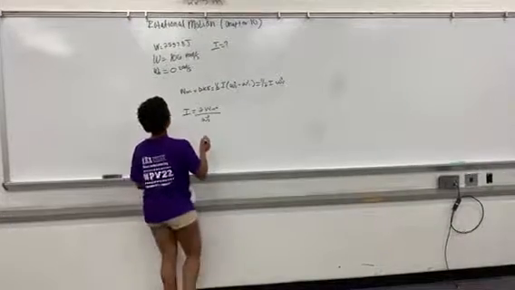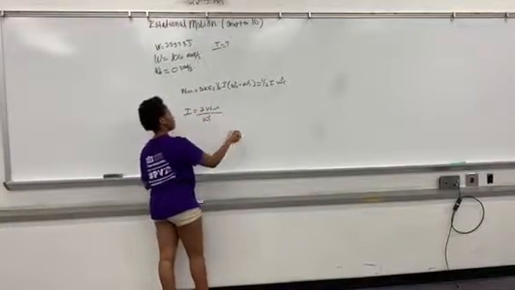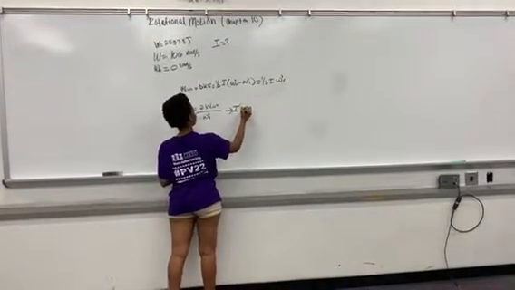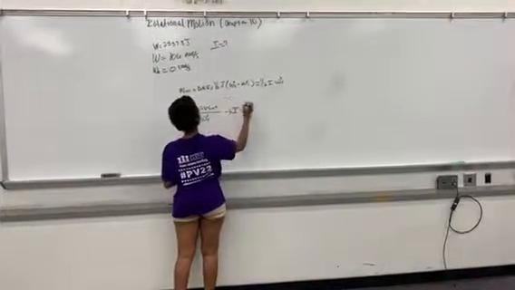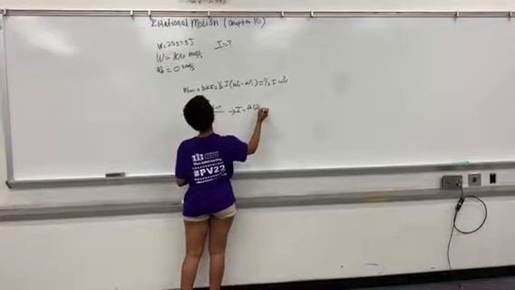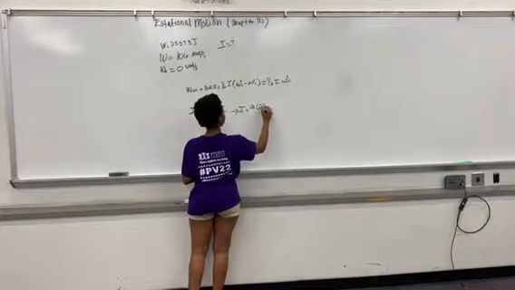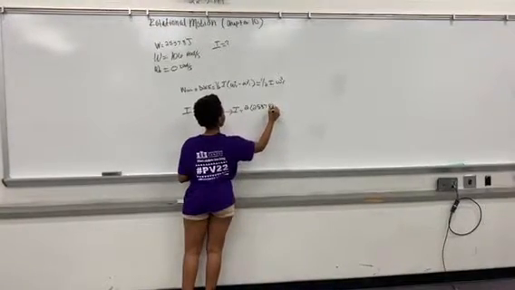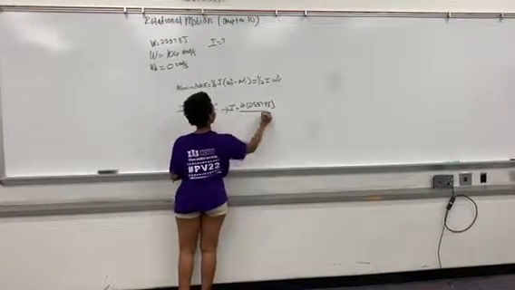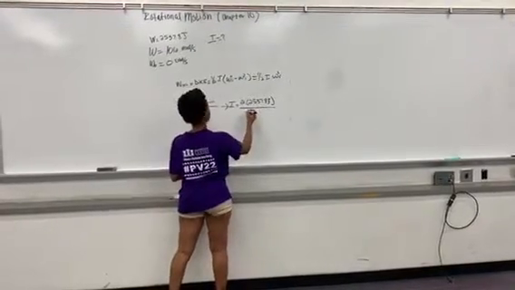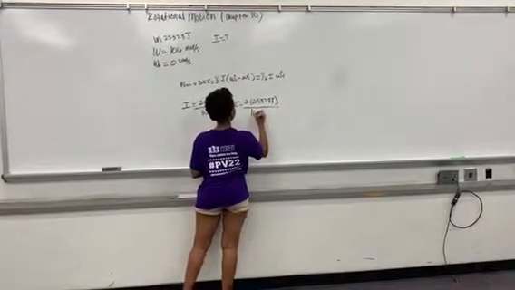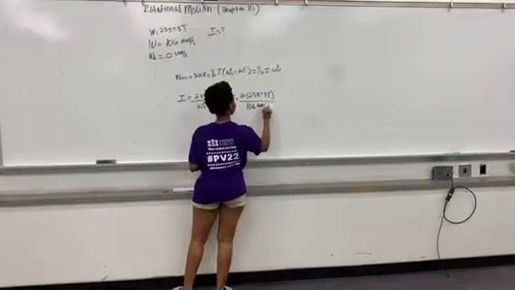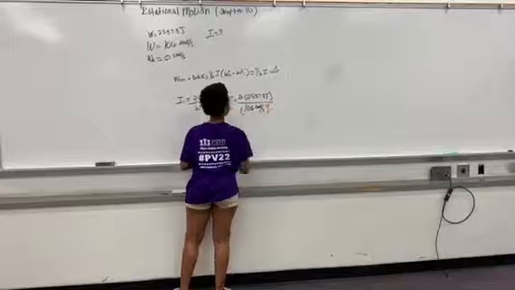So with that, you plug in your values. I will equal 2 times the work, which is 2,537.8 joules, all over your angular speed, which is 106 radians per second, squared.